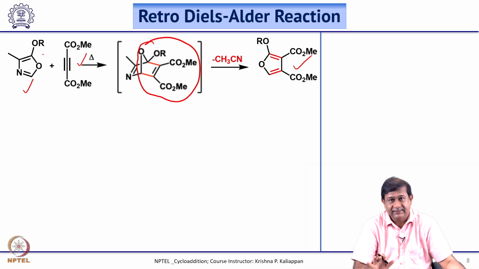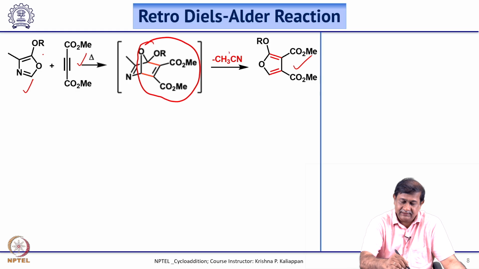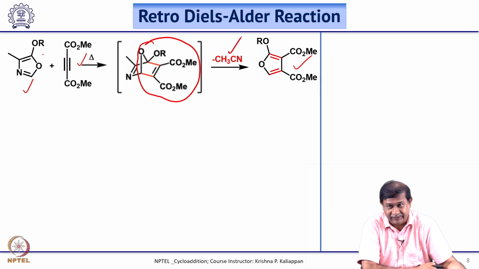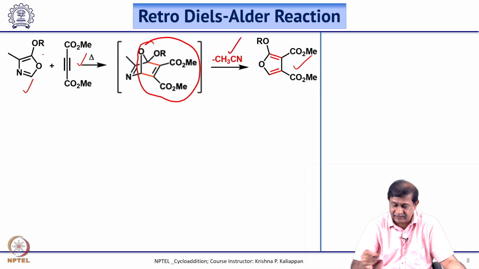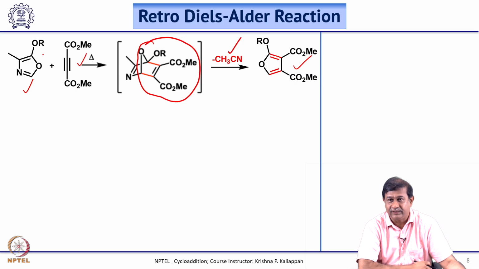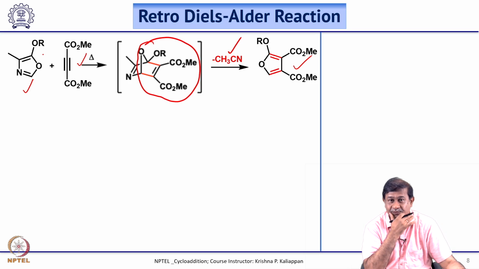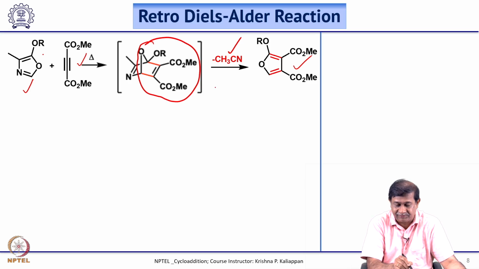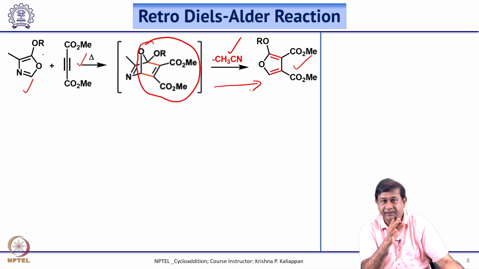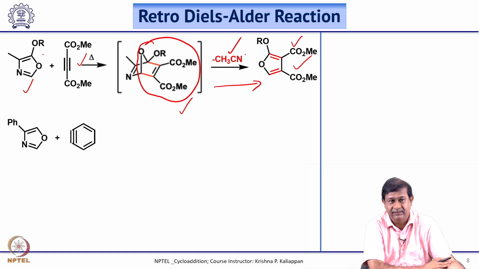The beauty of this reaction is the loss of acetonitrile. One can ask, the acetonitrile can undergo a 4+2 cycloaddition reaction with the product being formed, but acetonitrile is a solvent. So, you can force this reaction forward by periodically removing acetonitrile from the reaction mixture.